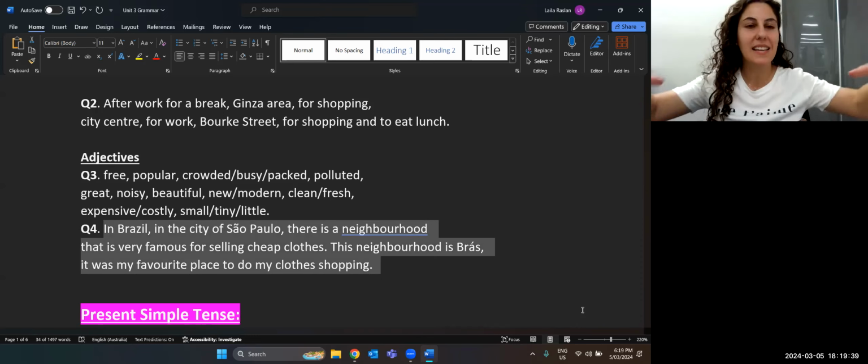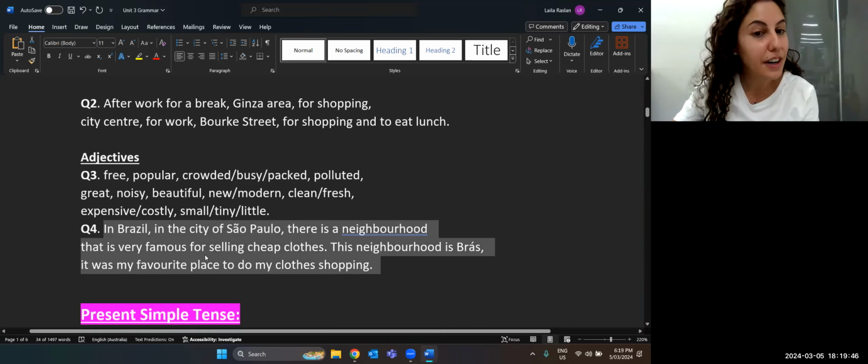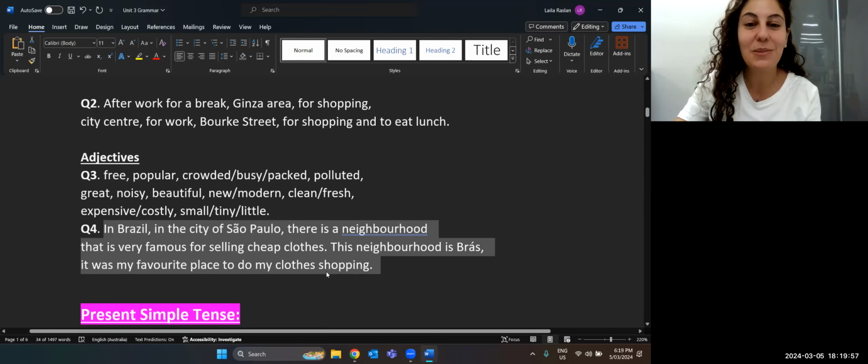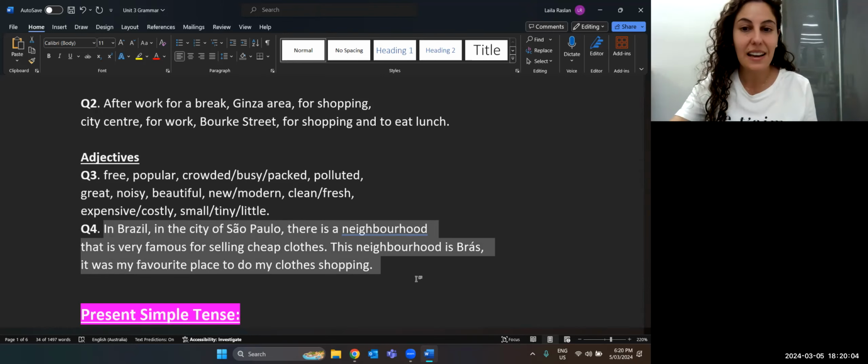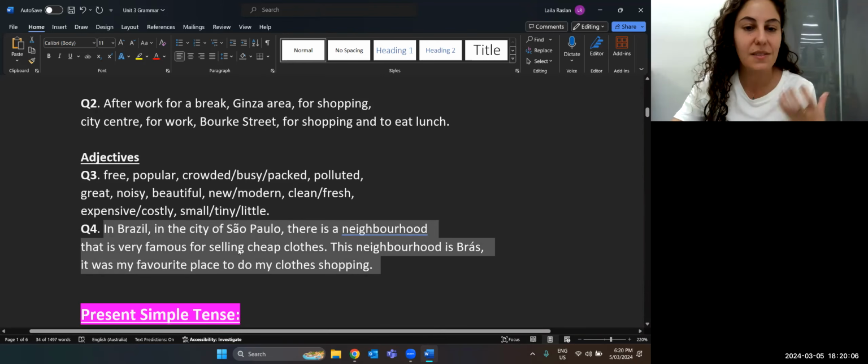Now, a neighborhood means an area where people live, that is very famous for selling cheap clothes. This neighborhood is Brás. It was my favorite place to do my clothes shopping. So this person that wrote about a place is using adjectives to describe what it was like and what you can do there.